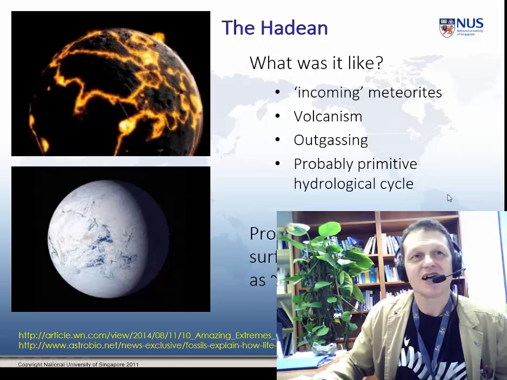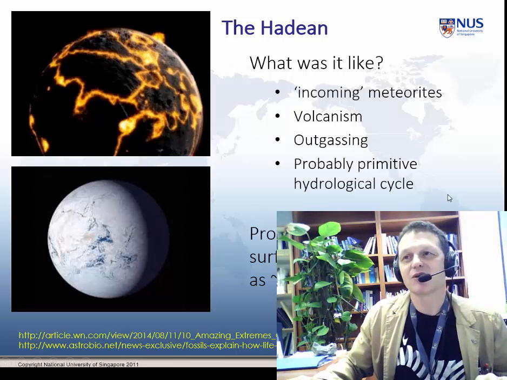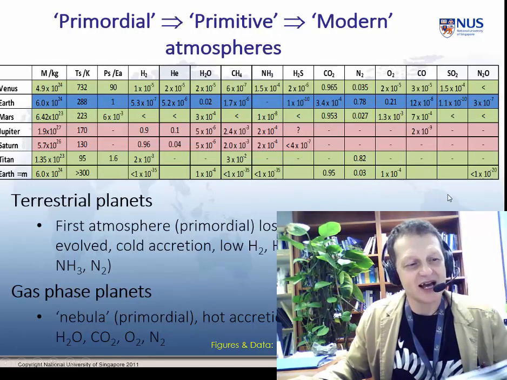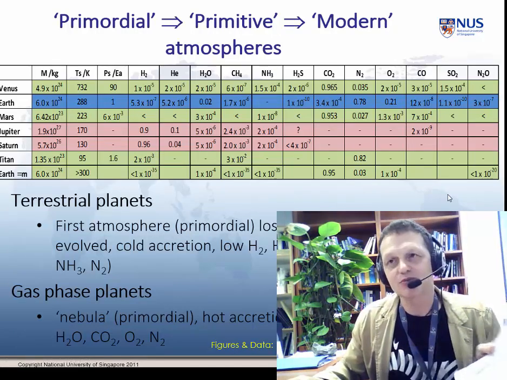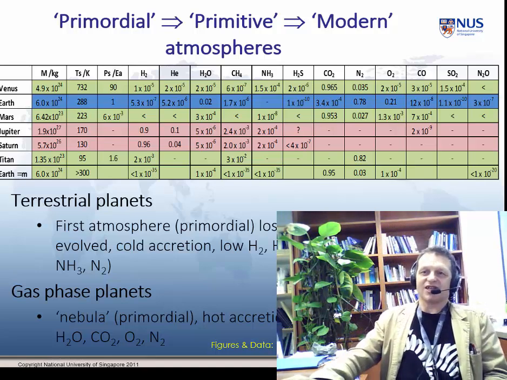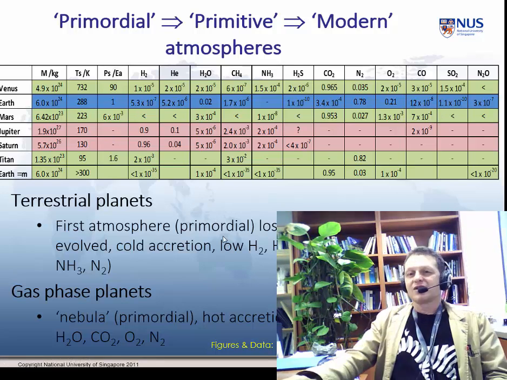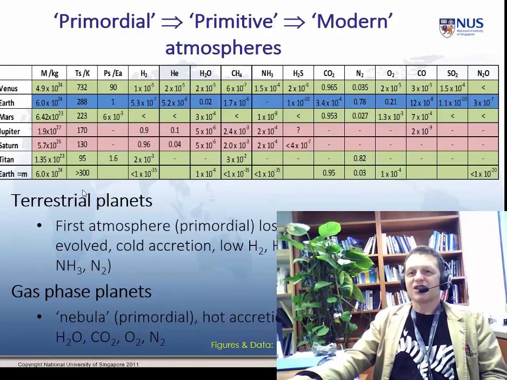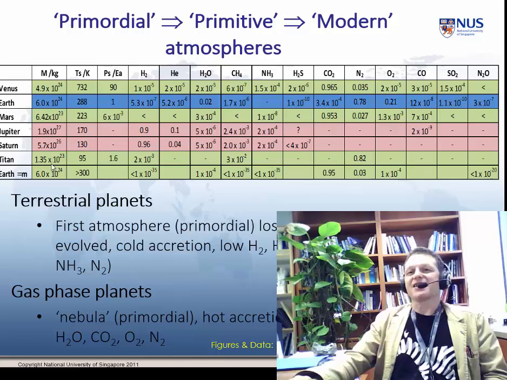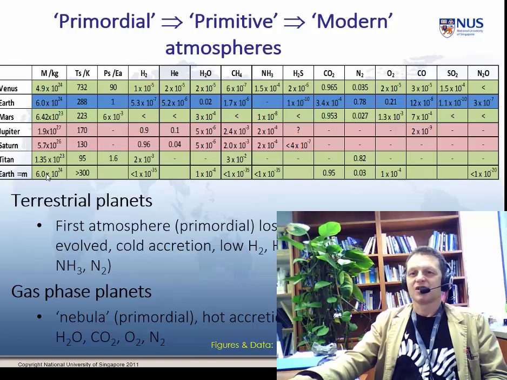So, our primordial atmosphere has blown away. We're now thinking about our primitive atmosphere, which was the thing that replaced it. I should take you first through this table. The colour coding here is the green planets, and we've got other solar system objects here other than just planets.